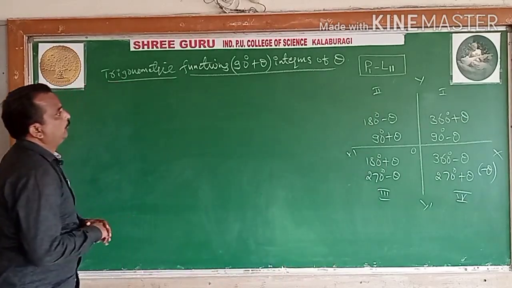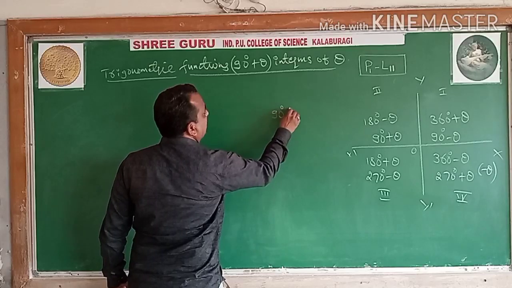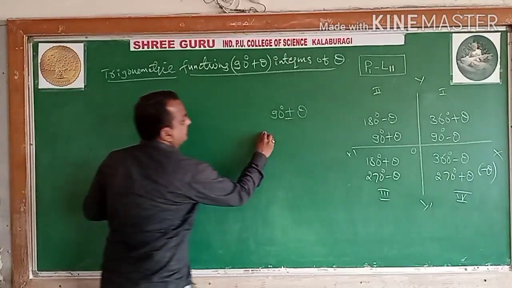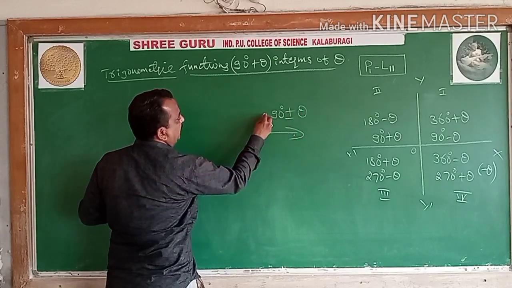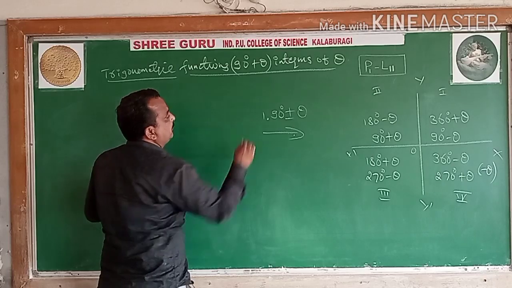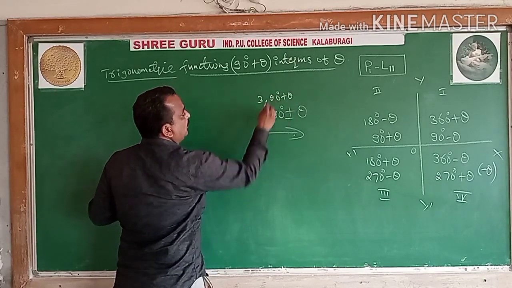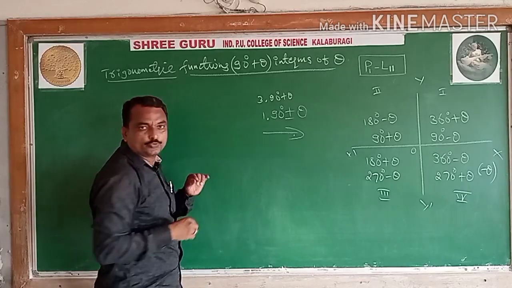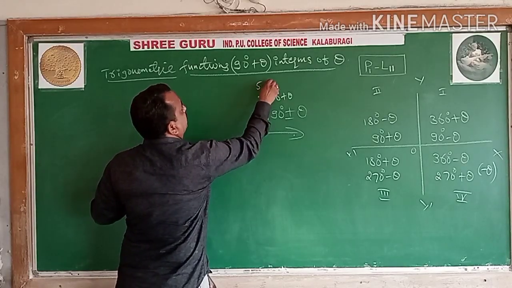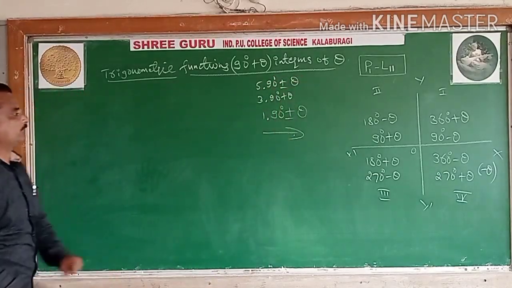Before going to discuss, you know, when the odd multiples of pi by 2, the trigonometric functions change. Odd multiple means 1 into 90 degree plus or minus theta, 3 into 90 degree plus or minus theta, like that. When the odd multiples of pi by 2 or 90, the trigonometric functions change to their co-functions.